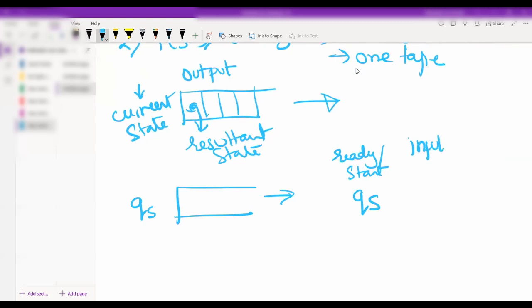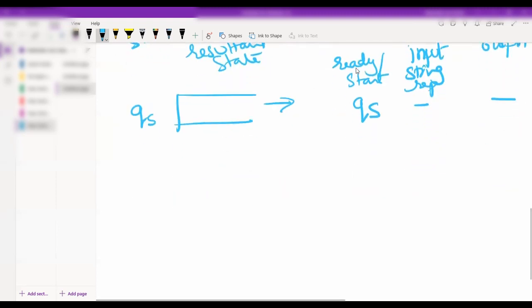What kind of input string? Input string is represented by your state, nothing. What kind of output is generated by your QS state? No output till now. Now what we are going to do, as we are going for the unary number system, this is your current position. We are allowed to read one symbol here.